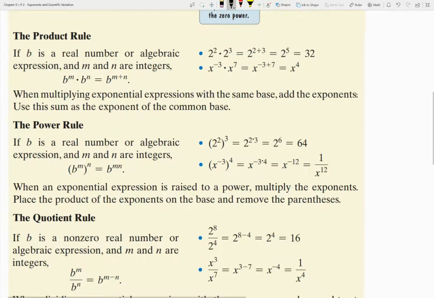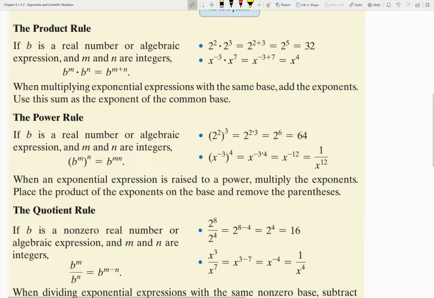Next, we have something called the product rule. If b is a real number or an algebraic expression, and m and n, the exponents there, are integers, all we have to do is, with the same base, combine and add the exponents together, as long as the bases are the same.